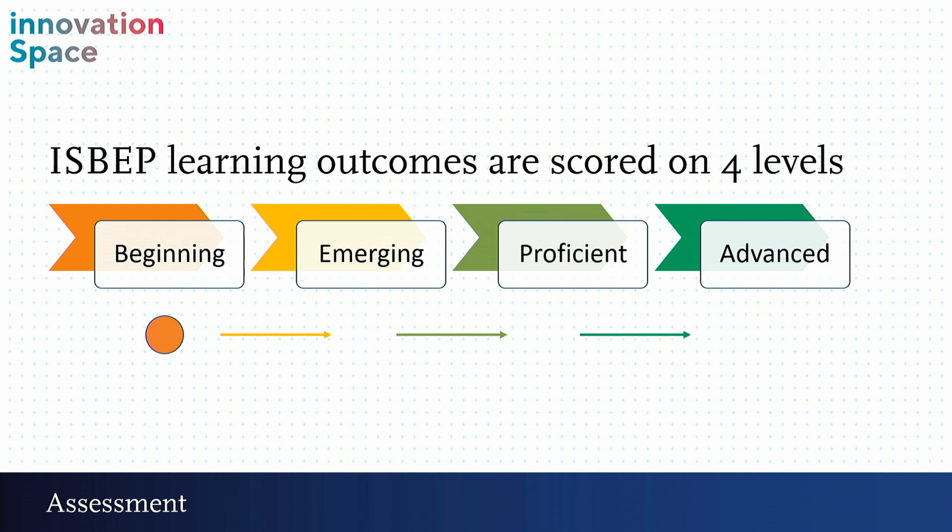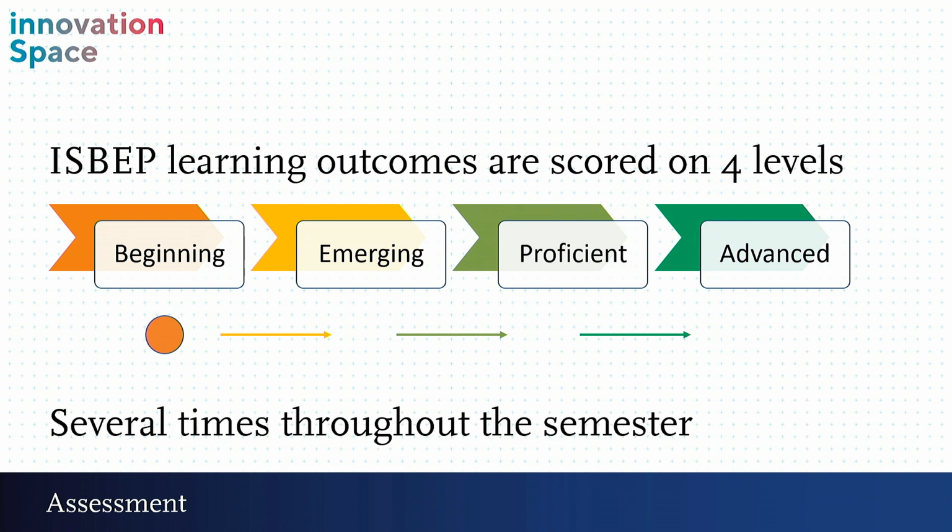Now, as I mentioned, we assess the students' level on each of these 7 learning objectives several times throughout the semester. And we do this every 2 to 3 weeks. We have students reflect on where they think they are, and then we have the process coaches validating these reflections and trying to give them some feedback and input that can help them to reach the next level.